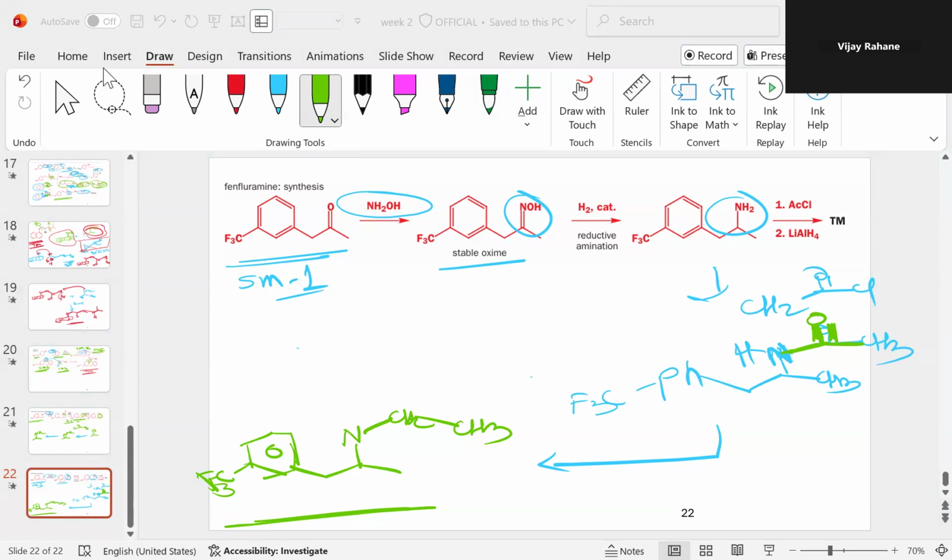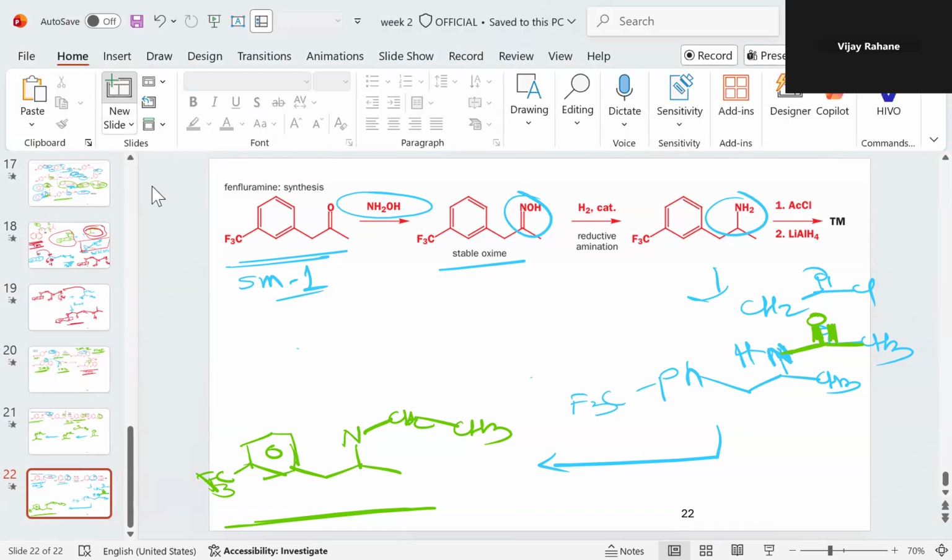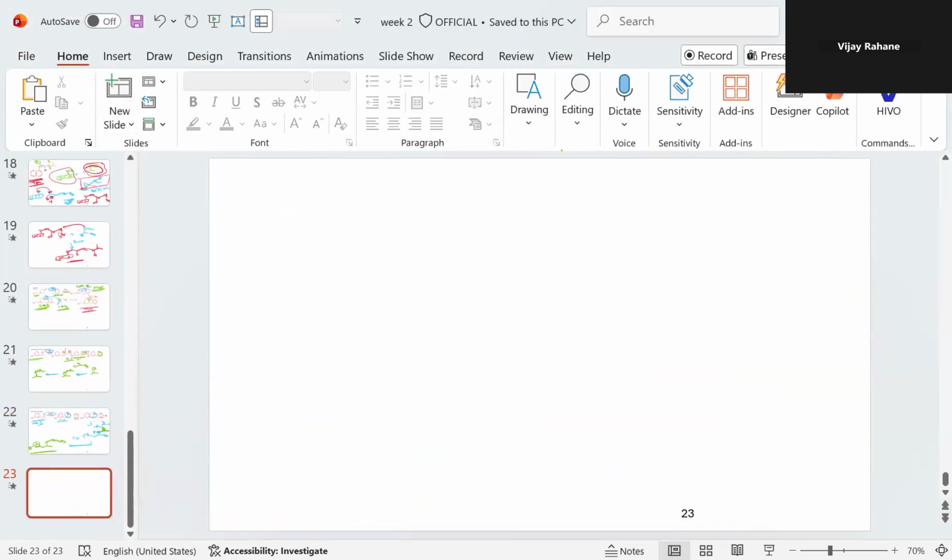Again, I will show you one more example for this functional group interconversion. Let's say I have the same example, and let's say R2 or anything. Here there is R1, here there is R3. So what will this come from? We'll draw FGI.